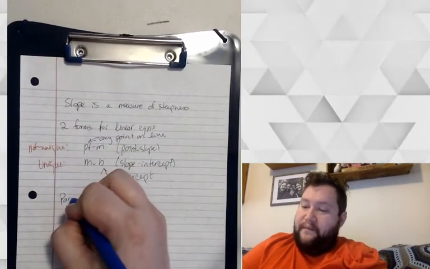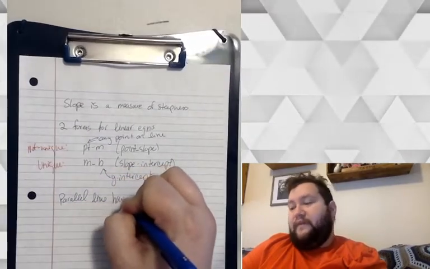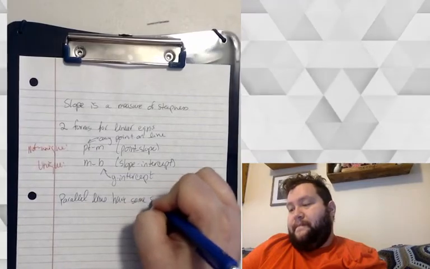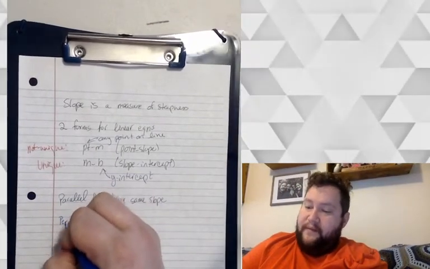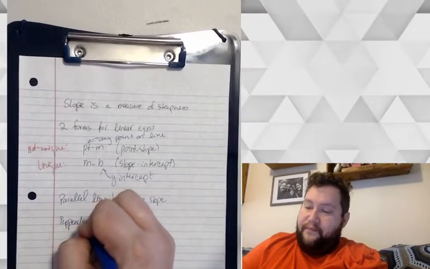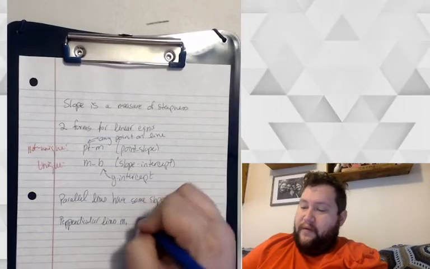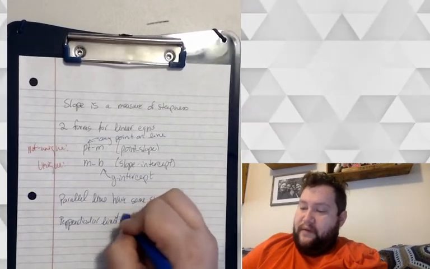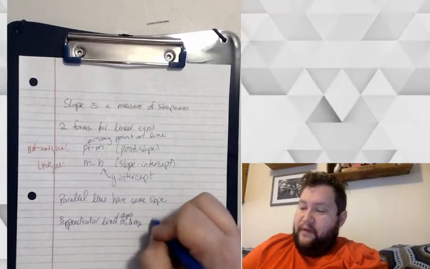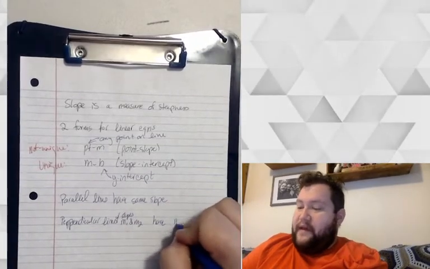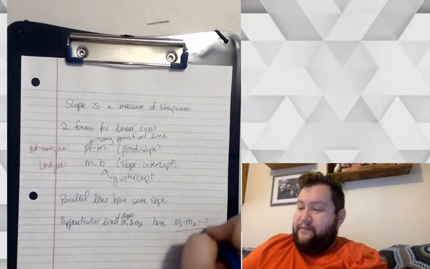Parallel lines have same slope. Perpendicular lines, with slopes m1 and m2, have the property that m1 times m2 equals -1.